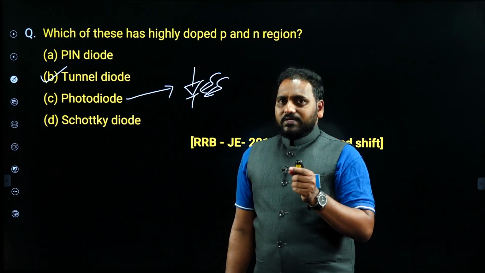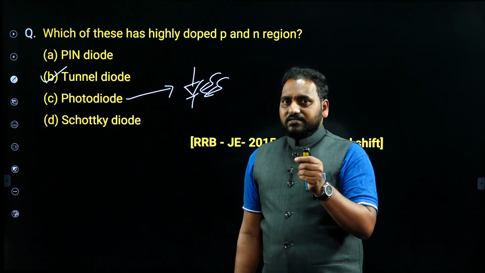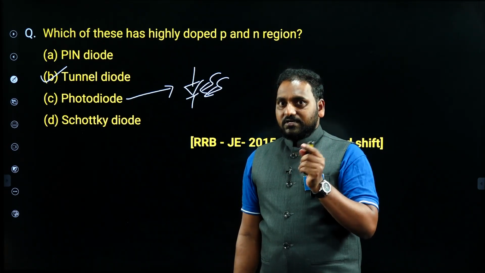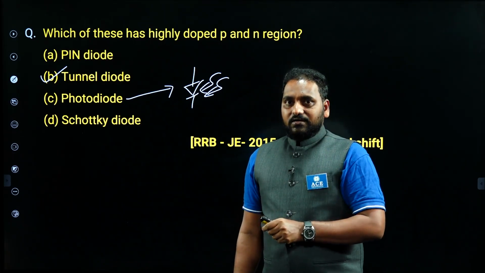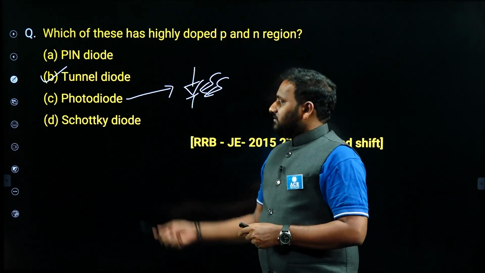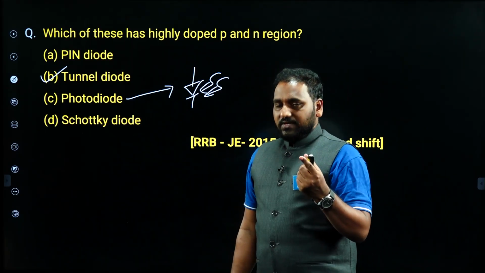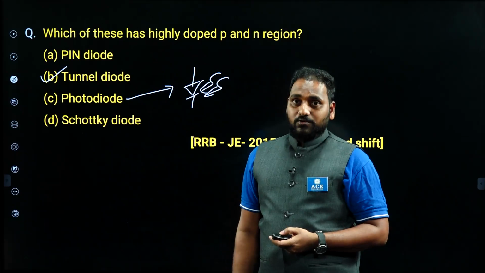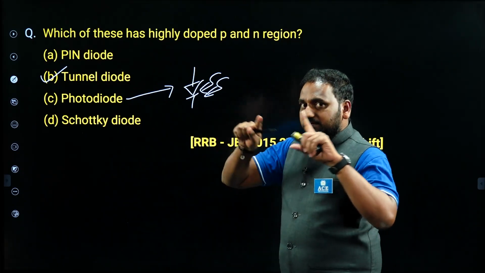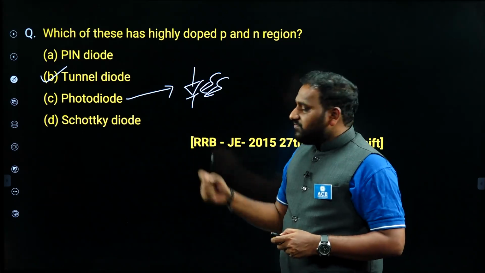For example, you might have studied TTL logic, transistor logic, in diploma or BTech. There you might have studied Schottky TTL, high speed transistor logic. Actually, we are using the Schottky transistor, which again we can implement with the help of Schottky diode only. So, that is the story. At least if you recall this story from our discussion, you can answer some of the questions in future.